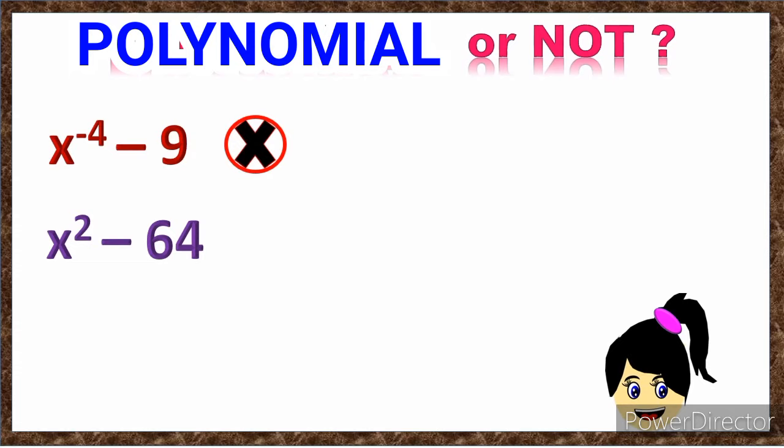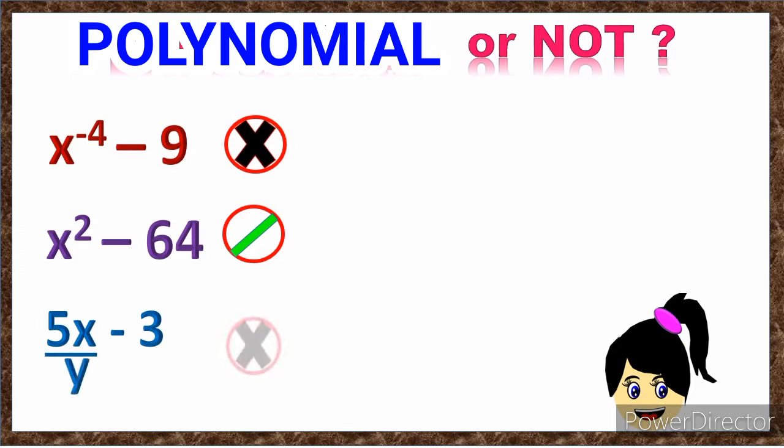A polynomial or not? Okay, so this is polynomial because they are all positive exponent. Okay, next, we have 5x over y minus 3. A polynomial or not? So, this is not polynomial because of the variable y, which is nasa denominator.